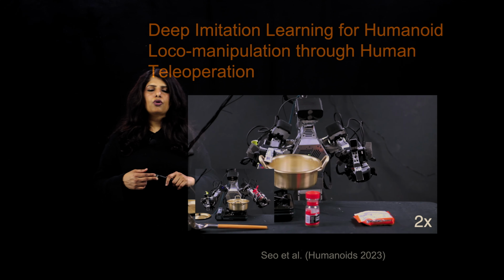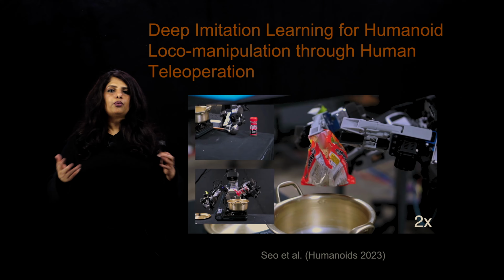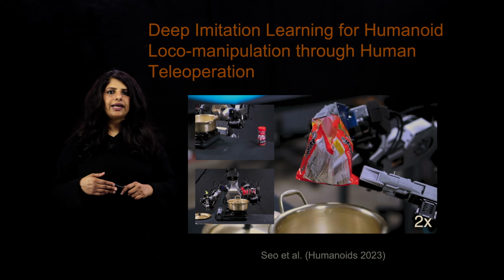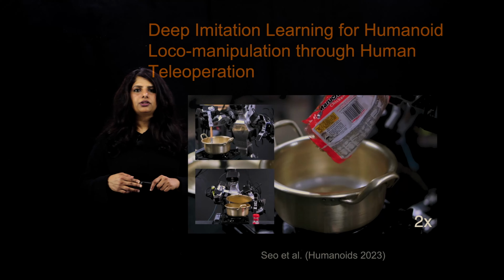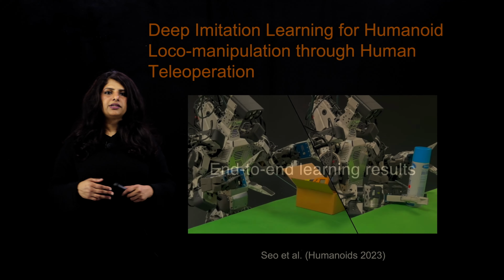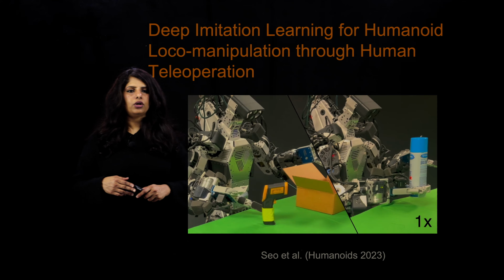Here, they make use of a VR teleoperation headset. And the nice thing is the advances in VR teleoperation headsets allow us to have body pose estimation that is a lot more informative than just making use of, let's say, a joystick controller.